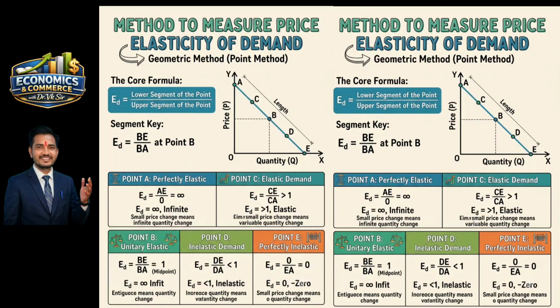So now let's understand each point. Point A. At point A, the lower segment is AE and the upper segment is 0. So elasticity of demand will be AE upon 0. Any number divided by 0 gives infinity.